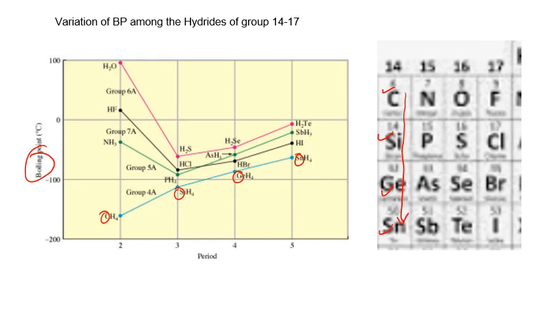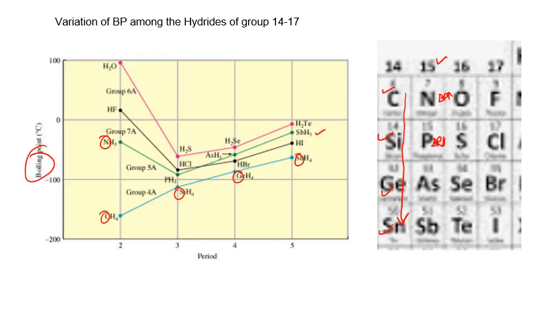Whereas in the case of the 15th group, we can see that the hydride of nitrogen, that is ammonia, has a very high boiling point, and then it is going down. For the hydride of phosphorus, the boiling point is very low compared to NH3, and then it is gradually increasing.